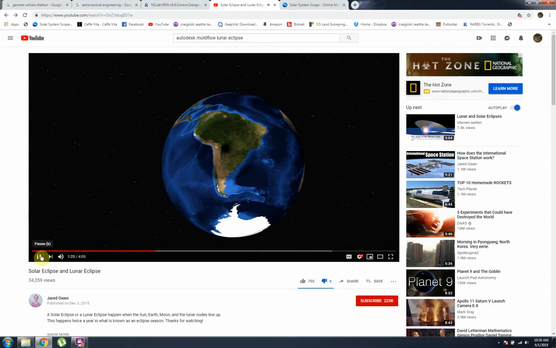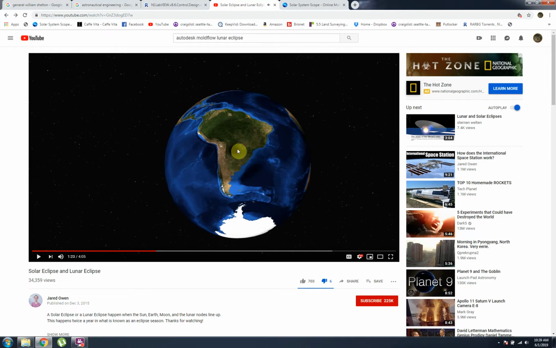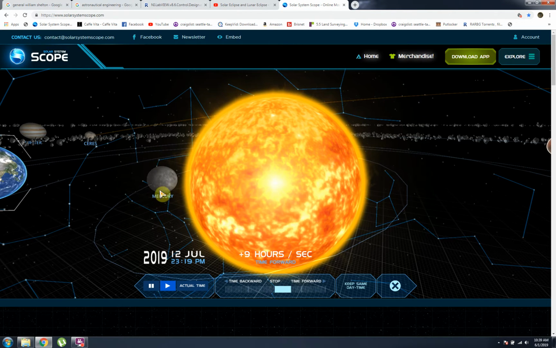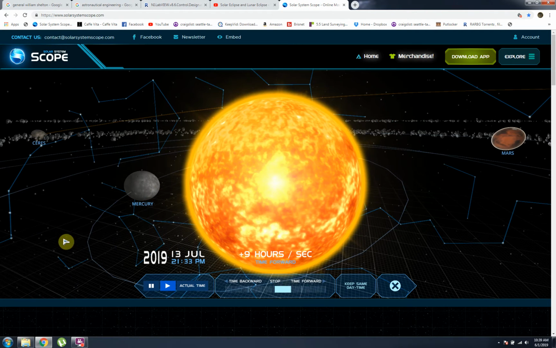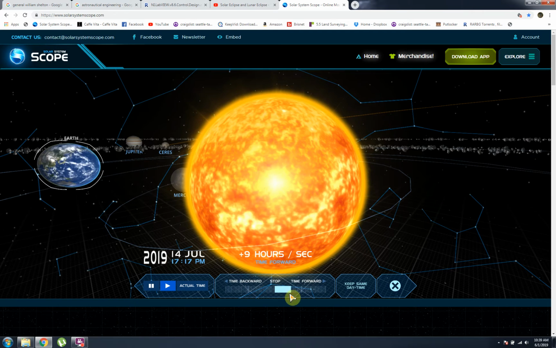The shadow of the moon in that eclipse is moving slowly from west to east, just like the moon that I just showed you moving slowly.